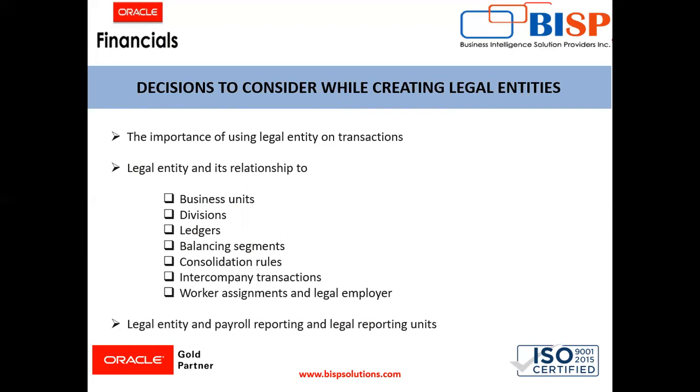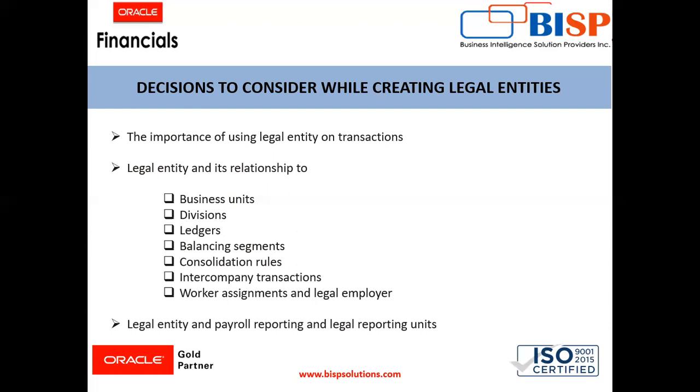Then, legal entities and their relationship with the business units. Business units can process transactions on behalf of many legal entities. Therefore, any transaction which a BU enters creates an obligation on the legal entity. A division is an area of management responsibility that can correspond to a collection of legal entities.